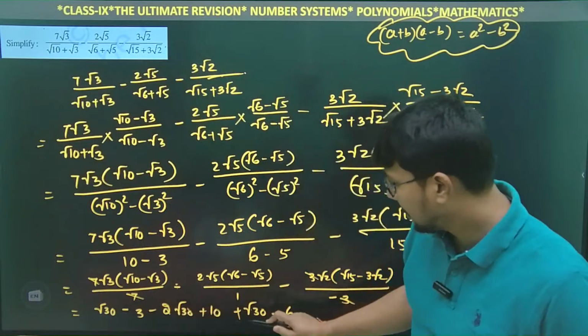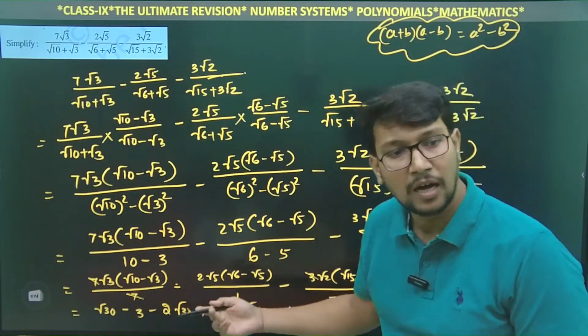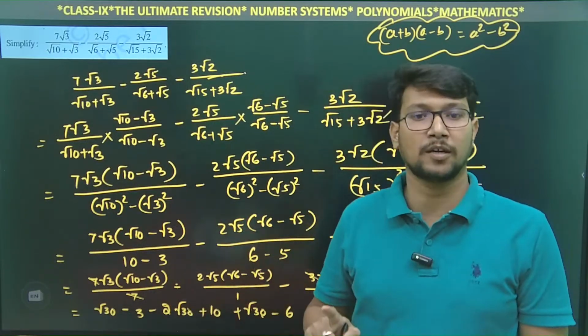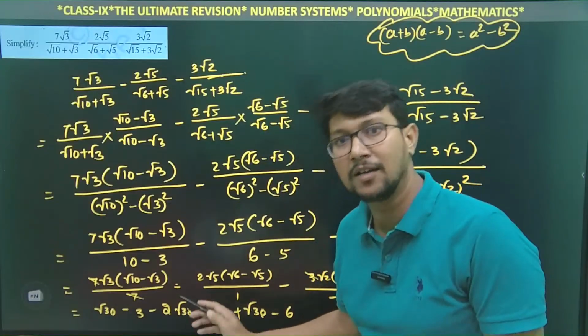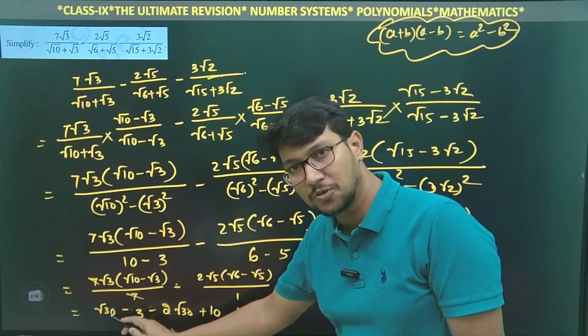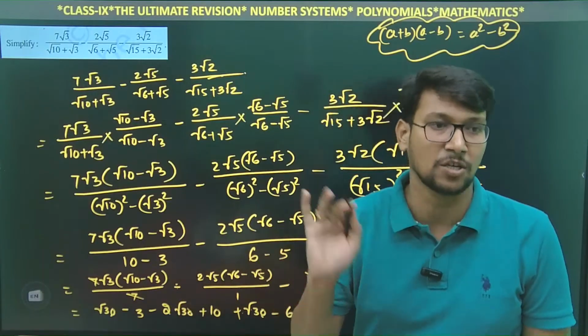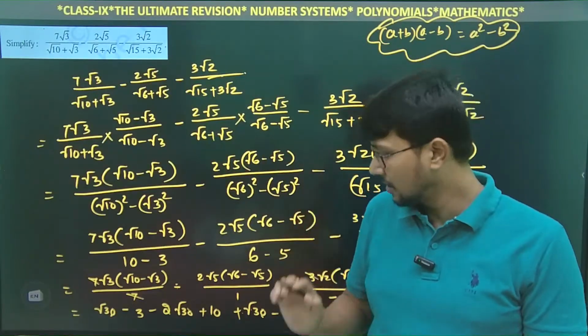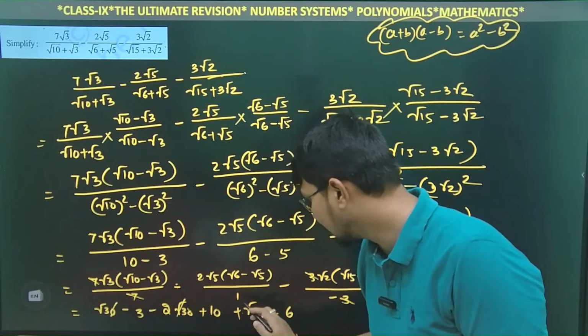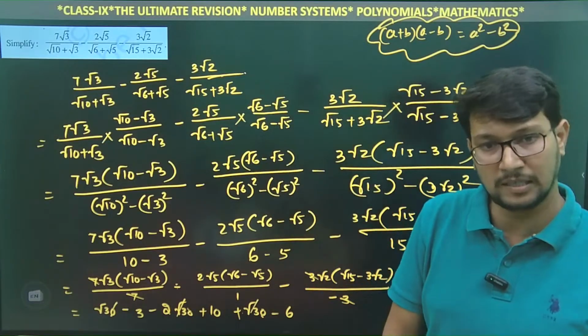Root 30 plus root 30. How many root 30? Plus 2 root 30. And this is minus 2 root 30. Plus root 30 plus root 30 minus 2 root 30. The 3 will be cancelled. Got it, everyone?